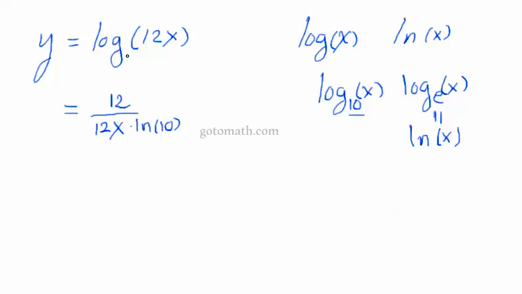In other words, whatever this base is, we write right here, the natural log of whatever the base. And of course, if we don't write anything, then it's assumed to be a 10 there. But here's the deal on this particular one. We're going to cancel the 12s out, and we're left with 1 over x times the natural log of 10.